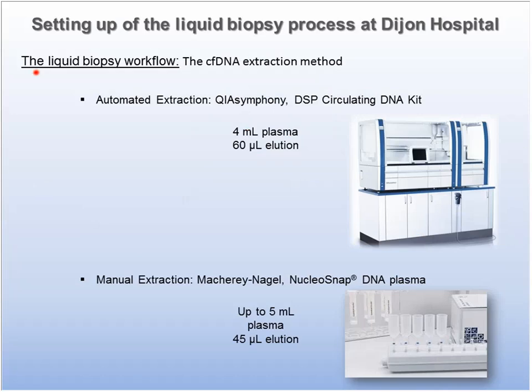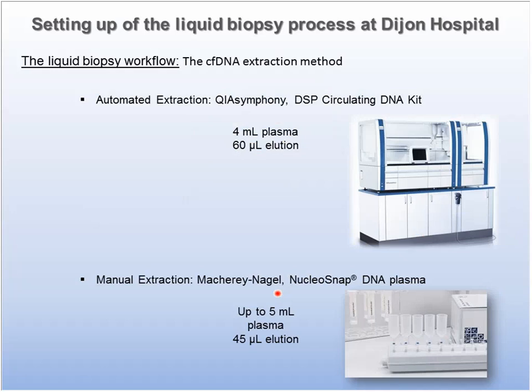Concerning the DNA extraction method, we use 2 methods. First, an automated extraction. Most of our samples are extracted using this instrument, which is a QIAsymphony. So we start with 4 ml of plasma, and the elution is in 60 microliters. In some cases, we also have a manual extraction using the kit from Macherey-Nagel.